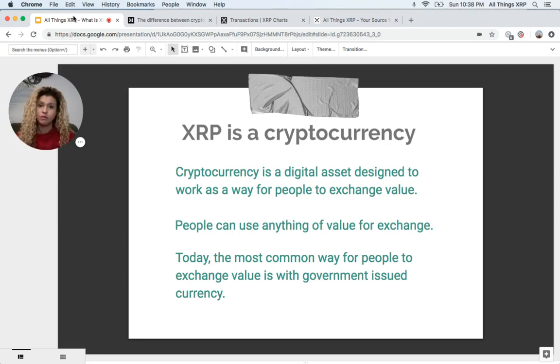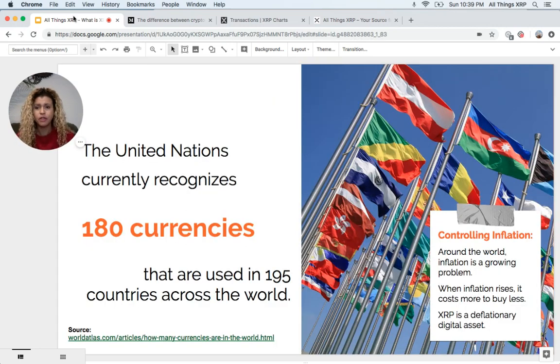And that exchange is easy to do when you're in person. Today, the most common way for people to exchange value is through government-issued currency. So cash, hard, cold cash. When you're using cash, US dollars, to buy and sell things, it's really hard to do that person to person unless it's digitized. The United Nations currently recognizes 180 different currencies that are used in 195 countries around the globe.